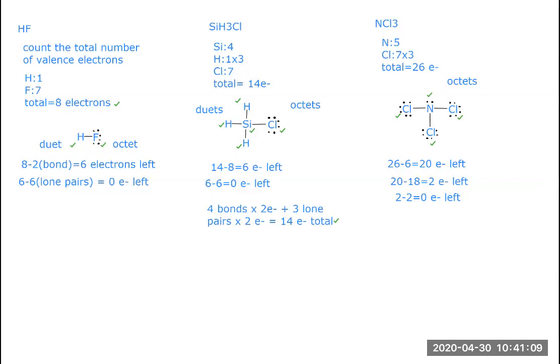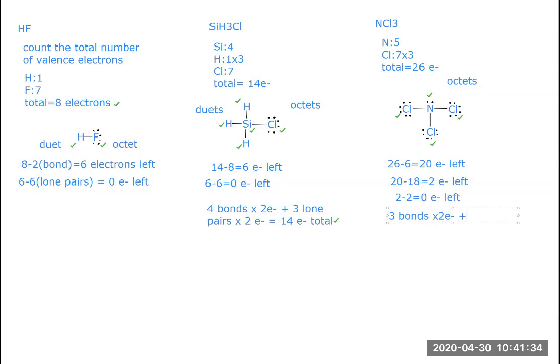And now let's verify that we have 26 electrons in total. So let's count that. So we have 3 single bonds, 3 bonds times 2 electrons each, plus, so let's count the lone pairs.